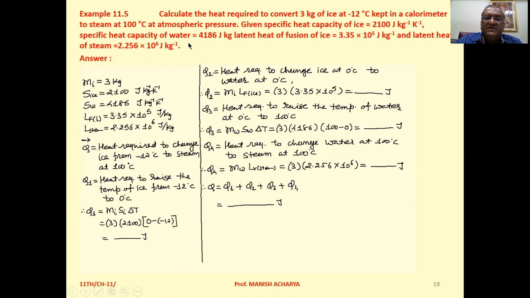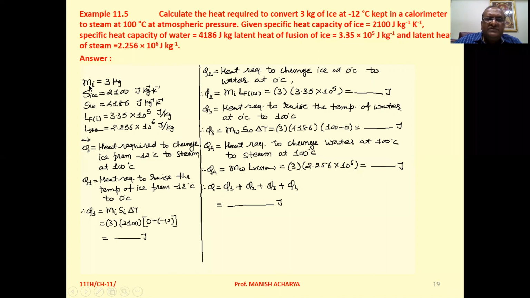Specific heat capacity of water 4186 joule per kilogram Kelvin. Latent heat of fusion for ice 3.35 into 10 raised to 5 joule per kilogram, and latent heat of steam, that is 2.256 into 10 raised to 6 joule per kilogram.